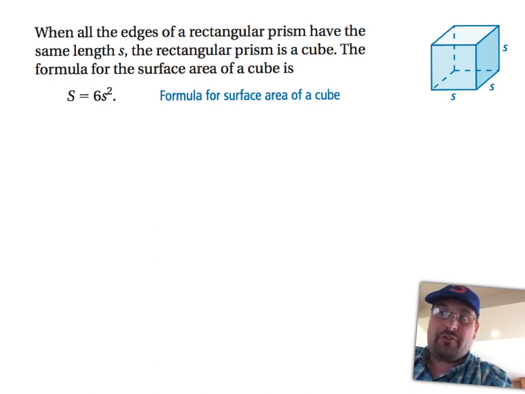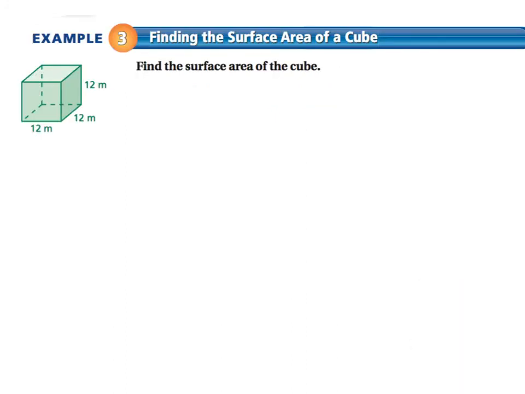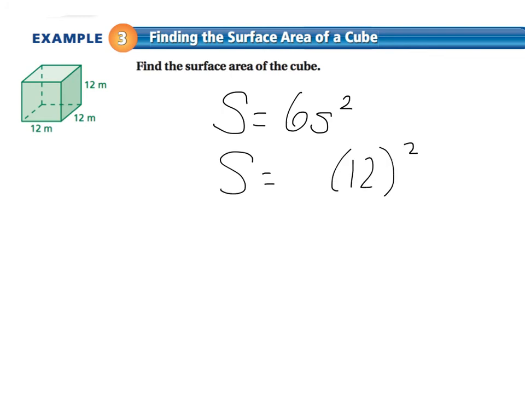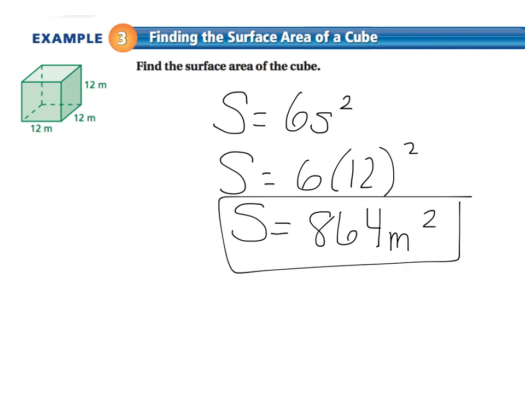The formula for the surface area would be S equals 6s squared. So if we would find the surface area of this cube, we'd plug it in. We find the area of one side, which is just 12 squared, 12 times 12, and we multiply by 6. That would give me 864 square meters.